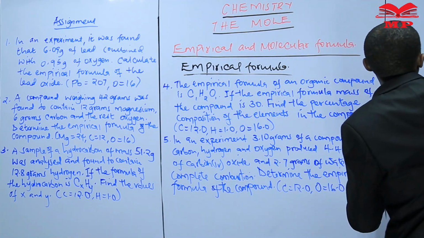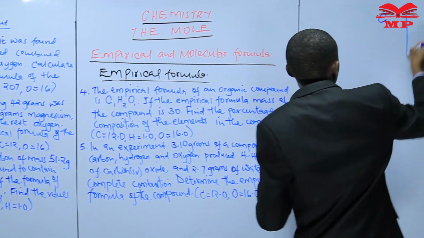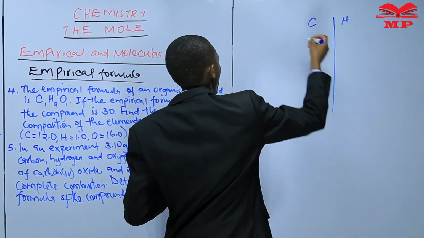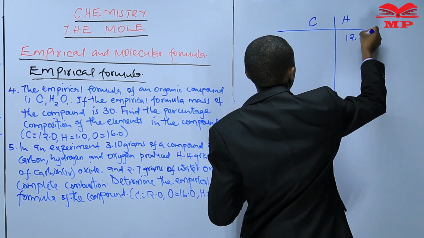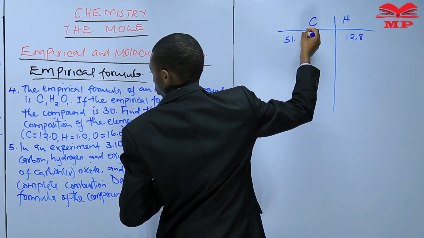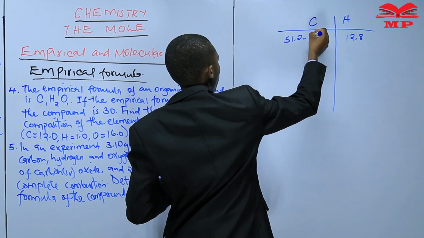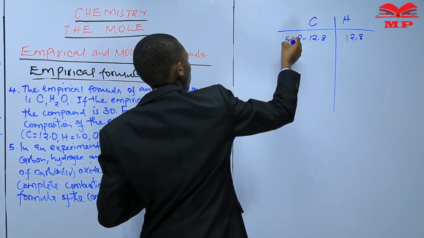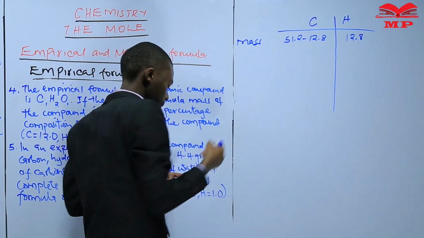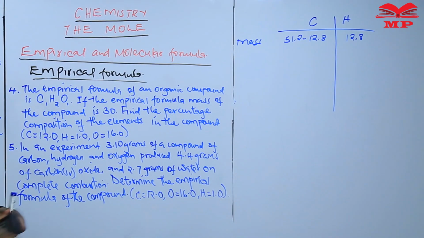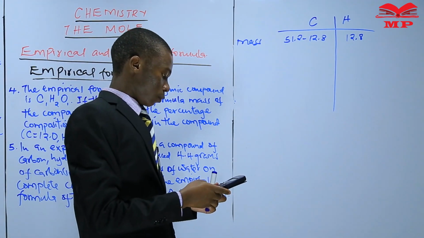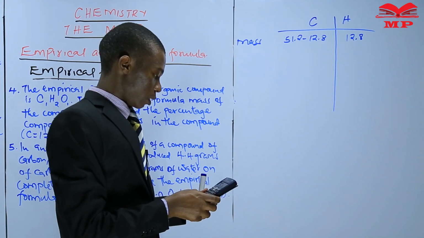The mass of carbon will now be 51.2 subtract 12.8.